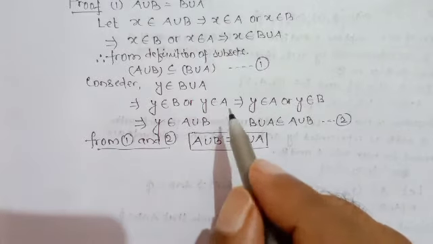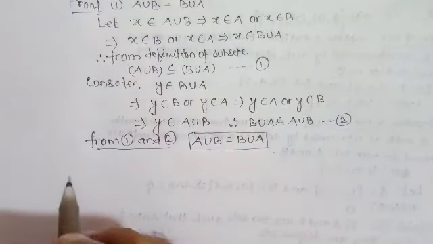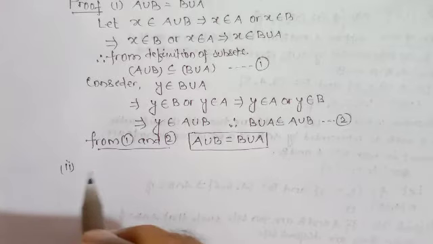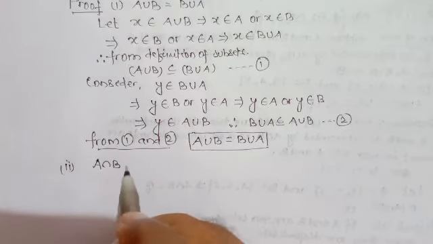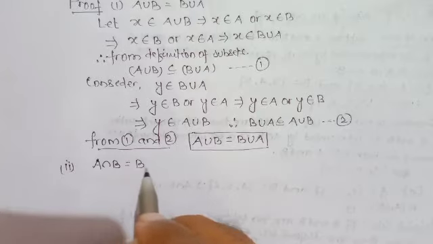Similarly, proceed for the second. Our second statement to prove is A intersection B is equal to B intersection A.